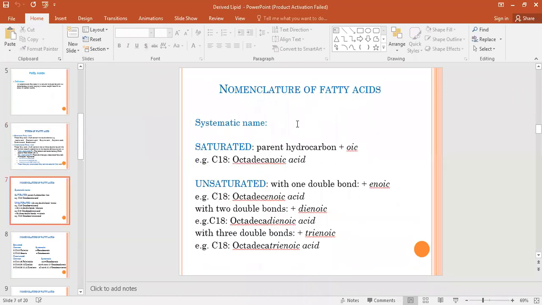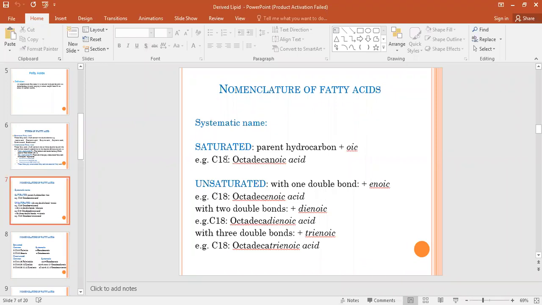Nomenclature of the fatty acid. In the systemic system, saturated fatty acid is named as the name of the parent hydrocarbon plus oic. For example, carbon C18, octadecanoic acid.